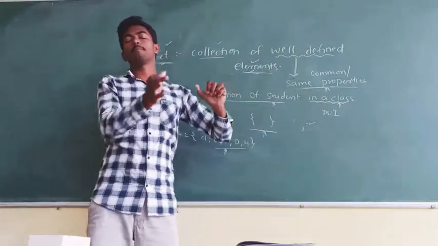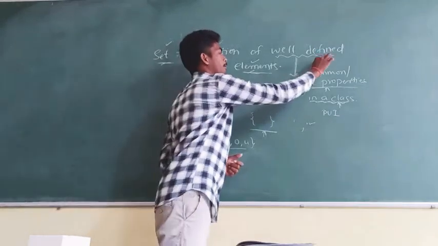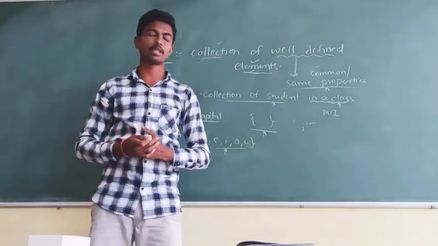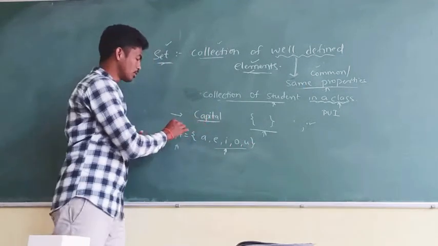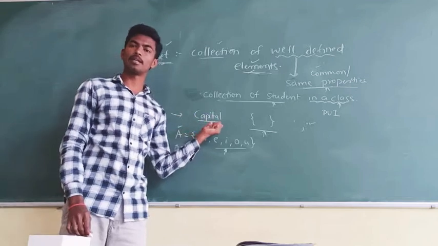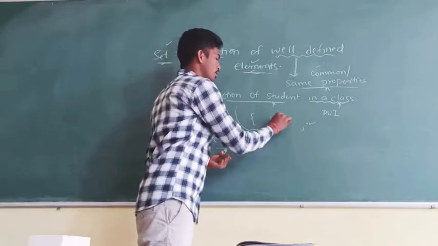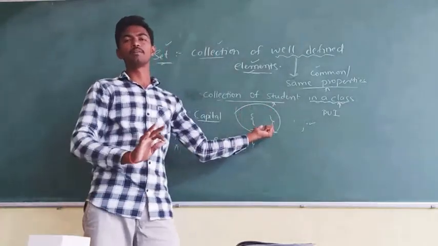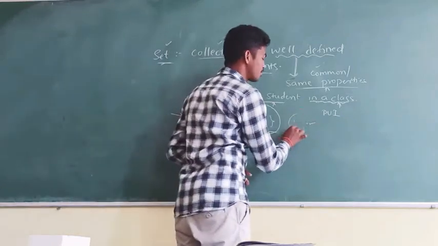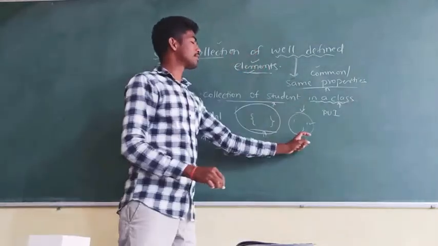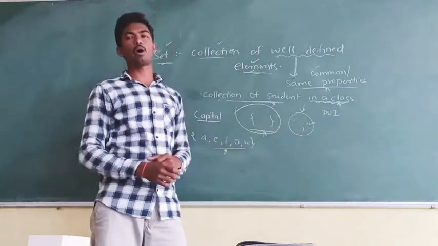That means all the elements contained in a set should have common properties. And the rules are that we always give the name of the set by capital letters, the elements of the set are included within opening and closing curly brackets, and all the elements of the set are separated by the symbol comma.